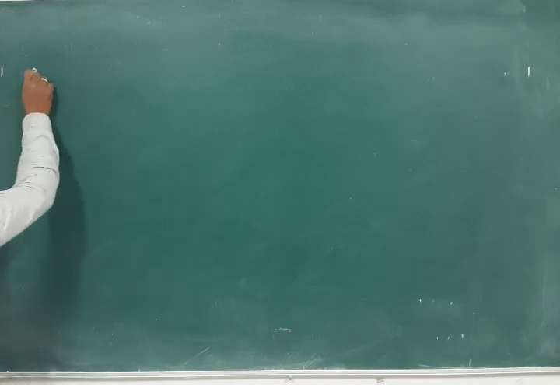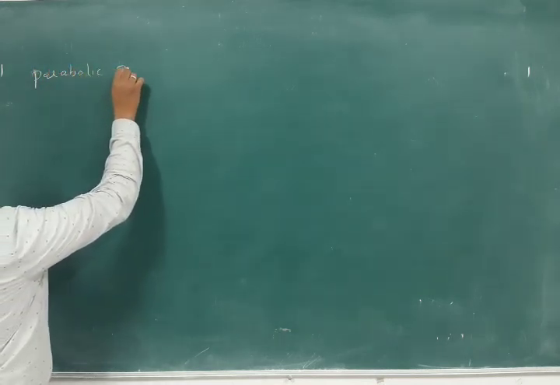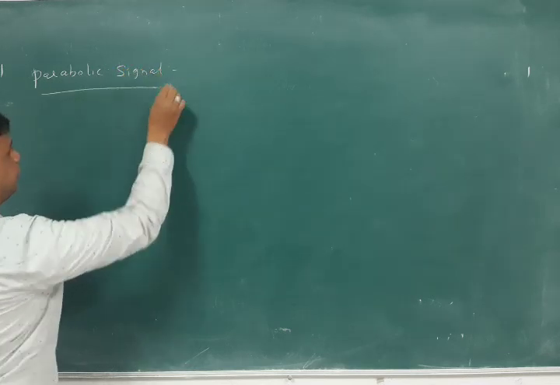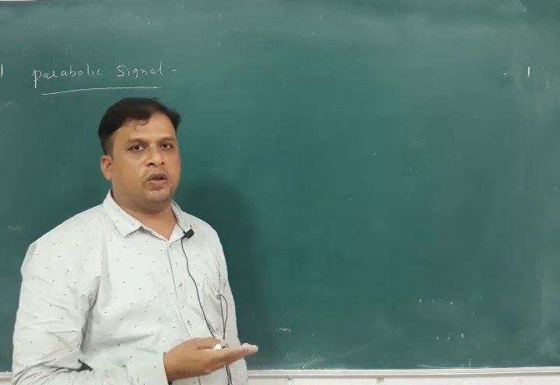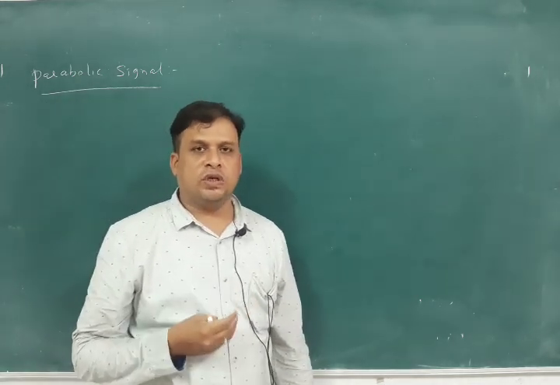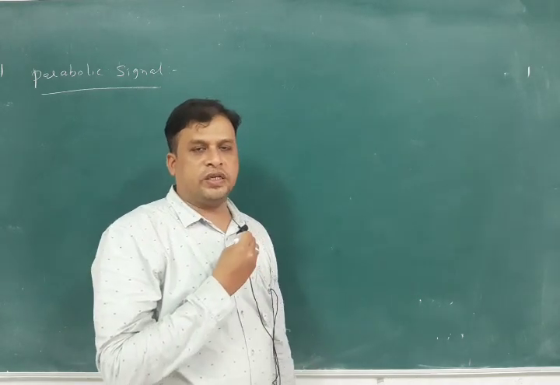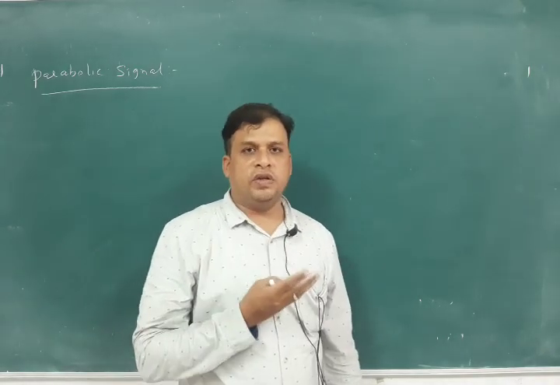The next signal is the parabolic signal. What is a parabolic signal? A parabolic signal is a signal that varies from 0 with the square of the time. Suppose it starts from 0, then it has the square. The instantaneous values of the parabolic signal are the square of the time.